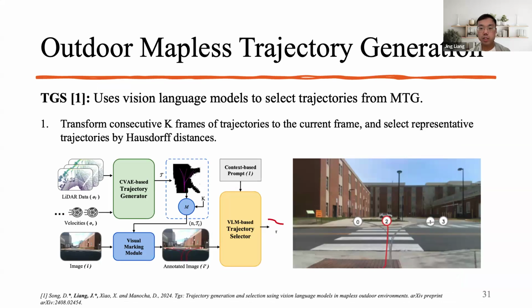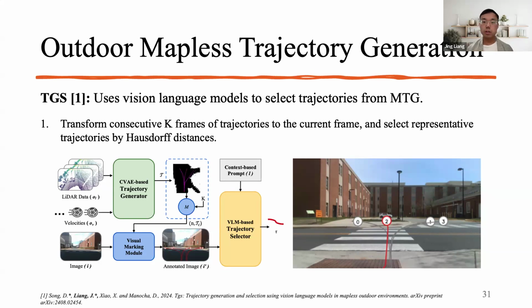So to solve the generalizability issue, which is an out of distribution issue, given all the trajectories from MTG, in TGS, we use a vision language model to select trajectories. First, we transform k consecutive frames of trajectories into the current frame and select representative trajectories by Hausdorff distances.